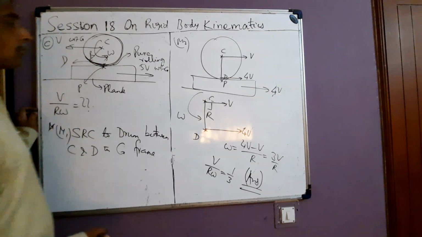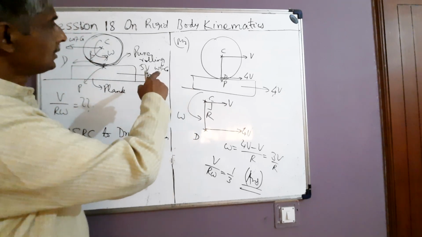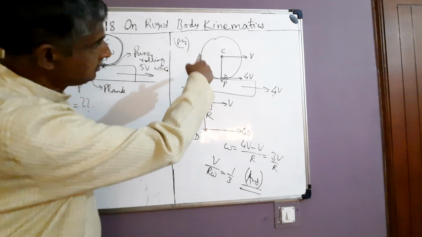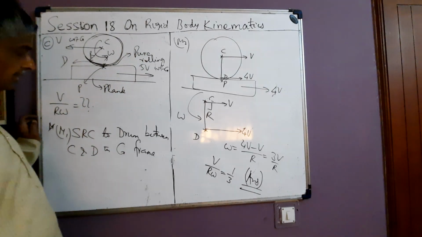So all the velocities and angular velocities have to be taken with respect to the ground frame, as I have explained in method 2 of part A of this question of this video.